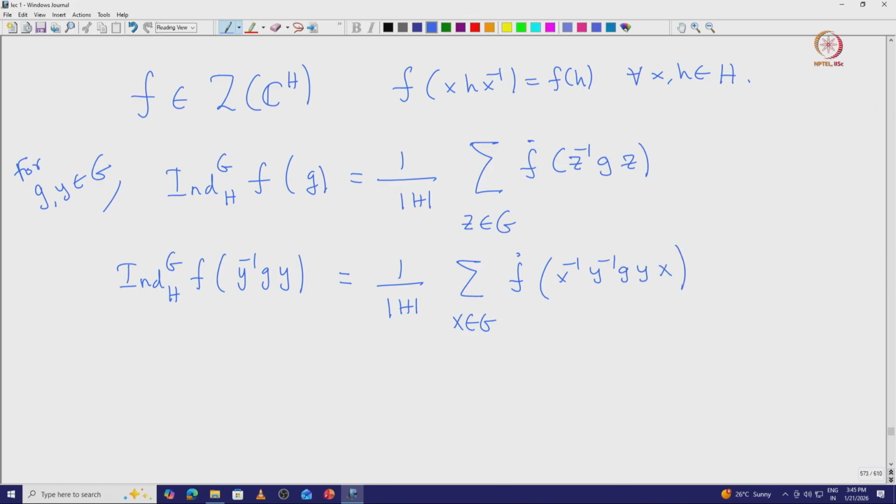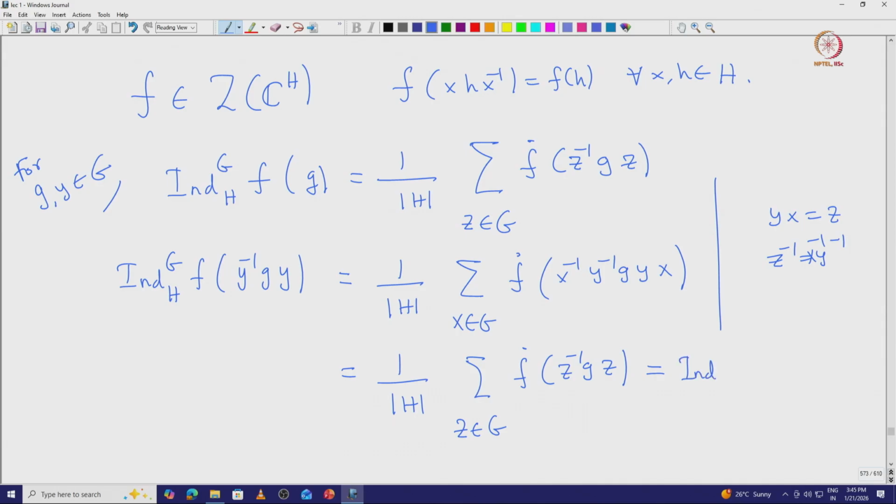So this is what we get. Now we can simply use a change of variable. If you denote y x to be z, then z inverse is going to be x inverse y inverse. Then you can rewrite this as 1 divided by the cardinality of H, summation z in G, f dot of z inverse g z, which is exactly equal to the induction of f at g.